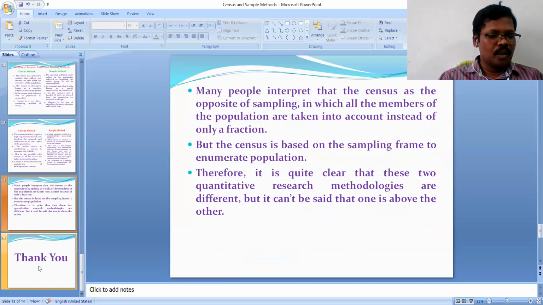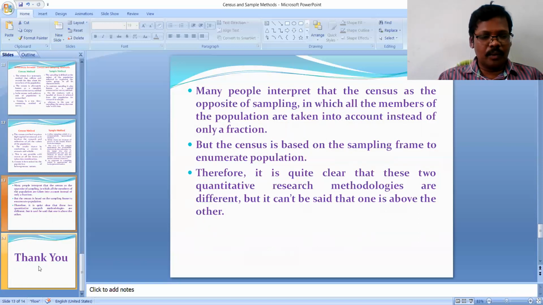For example, consider the situation when the coronavirus was there. Most drug companies were trying to develop a vaccine. To conclude whether it is a success or not, is it possible to use the census method? No. That is why these drug companies, whether biotech companies, Oxford University-related companies, or Russian or American companies, are going for the sampling method.